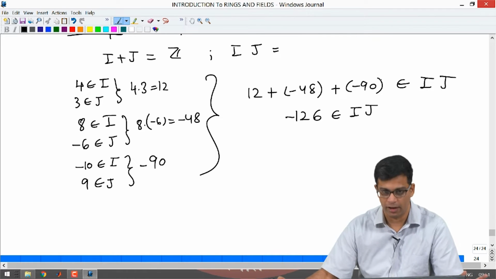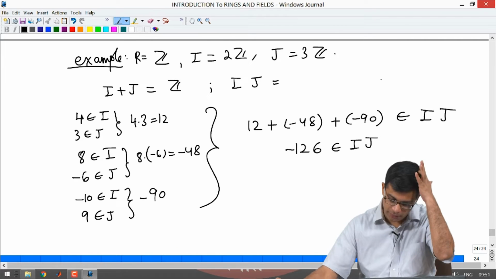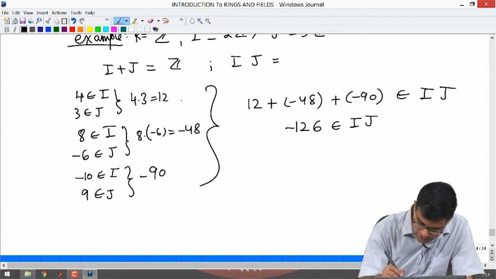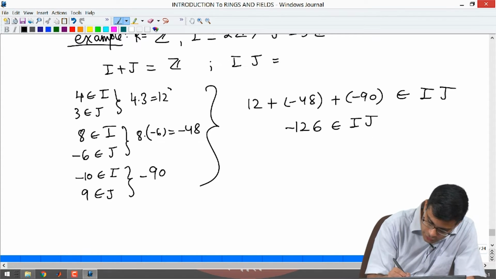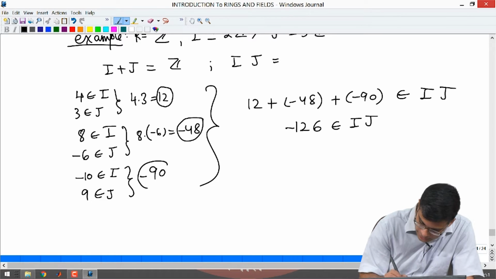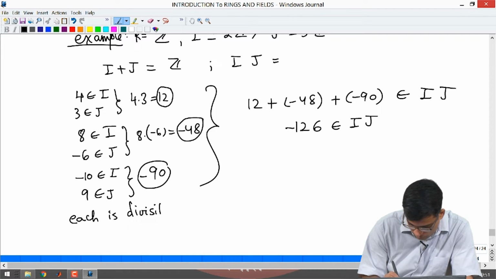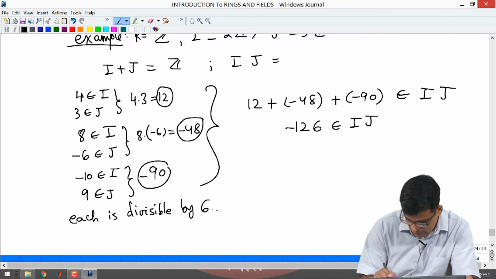It seems wild, right. You can construct lots of elements like this, but one idea will make it clear to you. If you think about this, each individual term here, I get 12, I get minus 48, I get minus 90, each of them is divisible by 6.